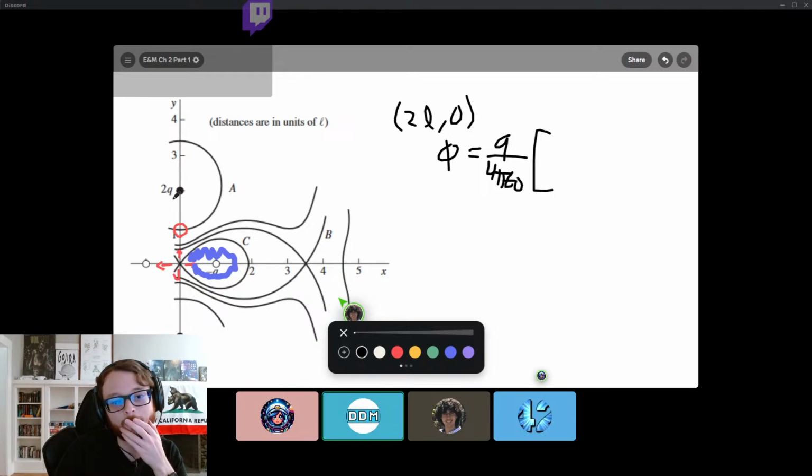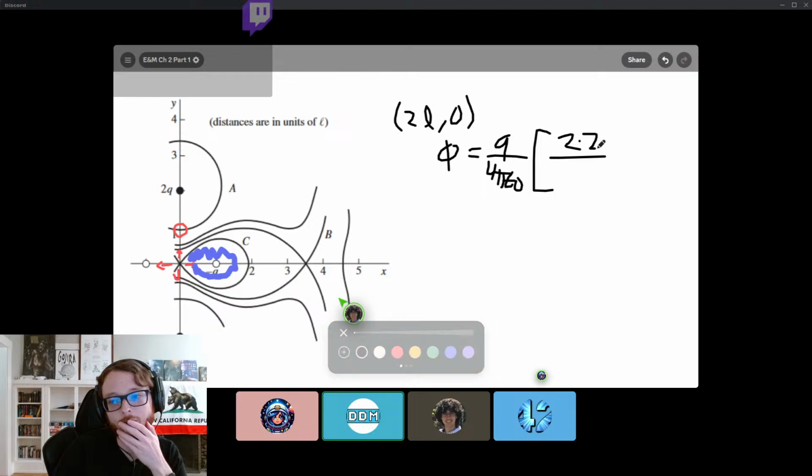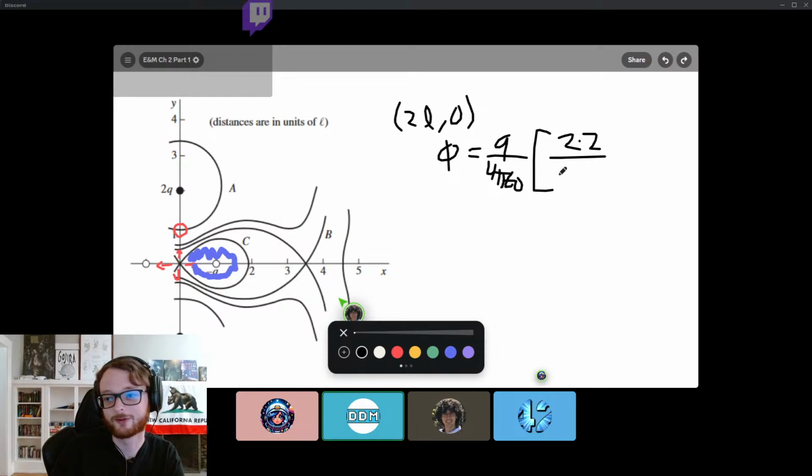If I'm doing the top positive charge, it's 2L and 2L. 2 times 2 for the positive charge. 2 root 2, right? Yeah, 2 root 2 L. I was going to do it out. But yeah.